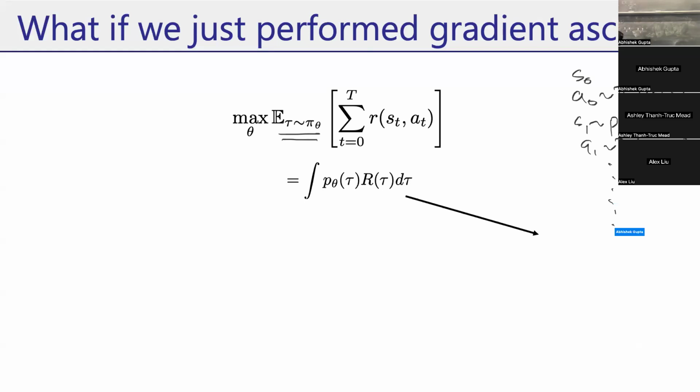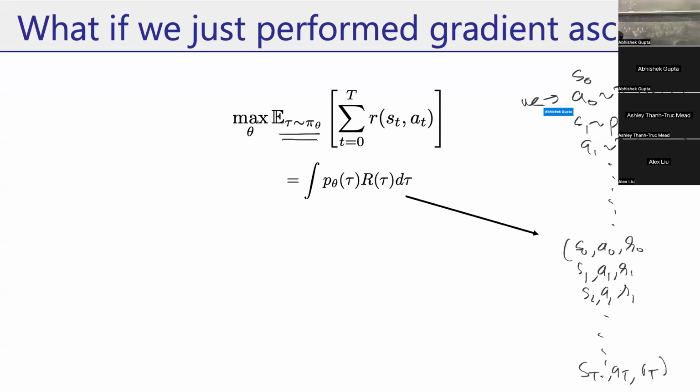You get essentially a trajectory, which is S naught, A naught, R naught, S1, A1, R1, S2, A2, R2, and so on till the end. So you just repeat the sampling process. This is an action sampling process. This is a dynamics sampling process. And then you repeat these until you get an entire trajectory.